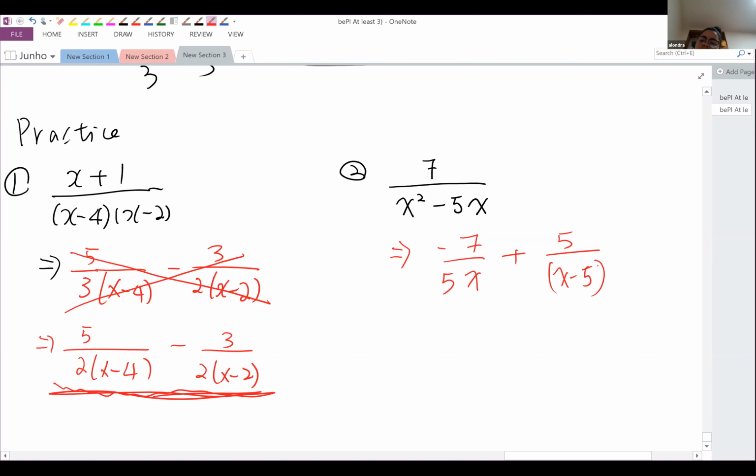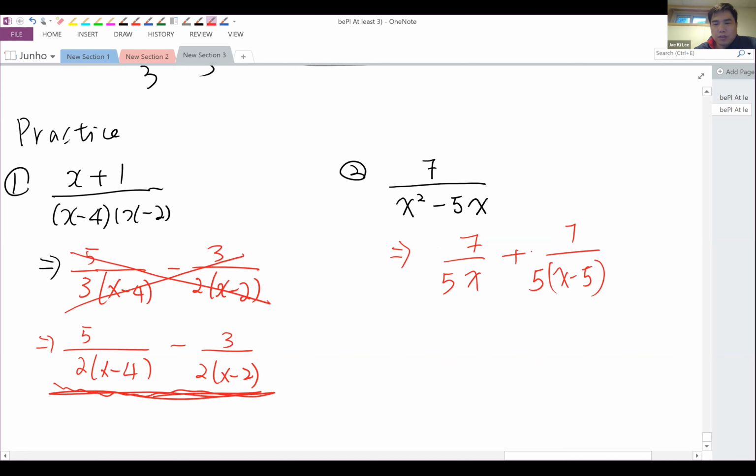Like this. Another 7 over 5, and the other 5 on the outside of the parentheses. That's what I get. I'm not sure.